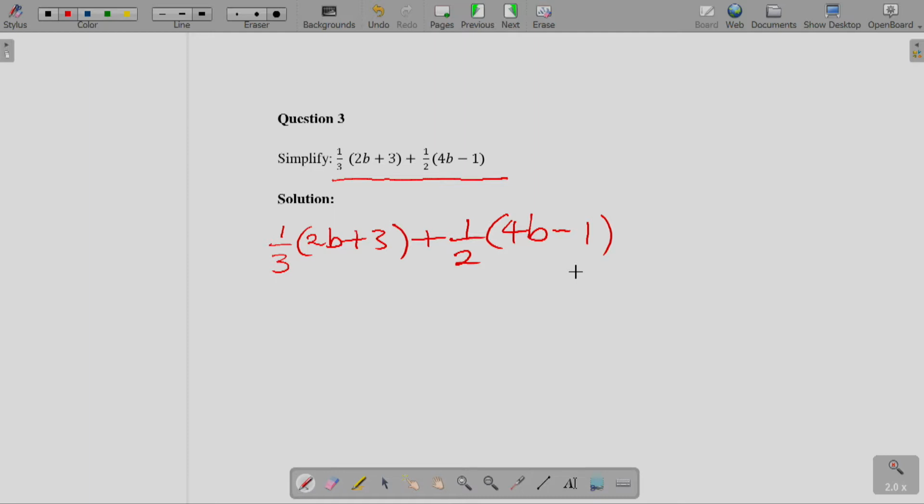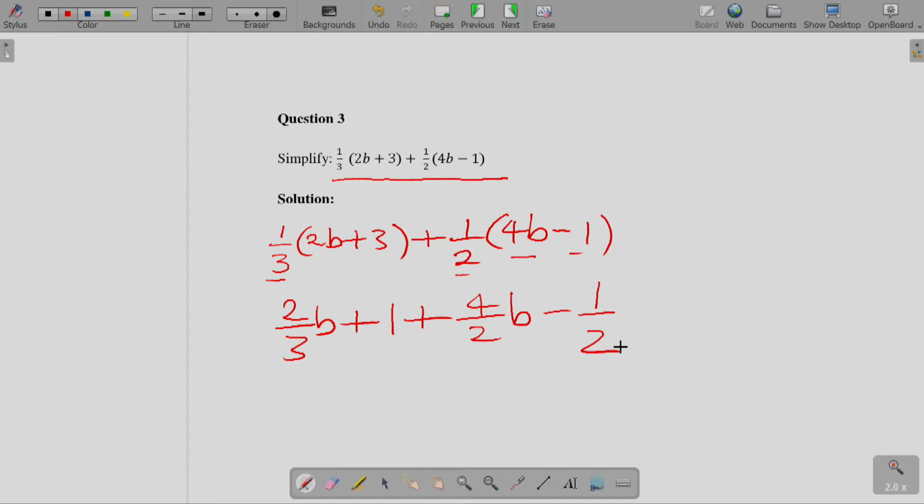Step 2, let's remove the brackets. The brackets of this expression can be removed as follows. 1 over 3 times 2b, we'll get 2 over 3b, plus 1 over 3 times 3 will get 1, plus 1 over 2 times 4b, we'll get 4 over 2b, and 1 over 2 times minus 1, we'll get minus 1 over 2.